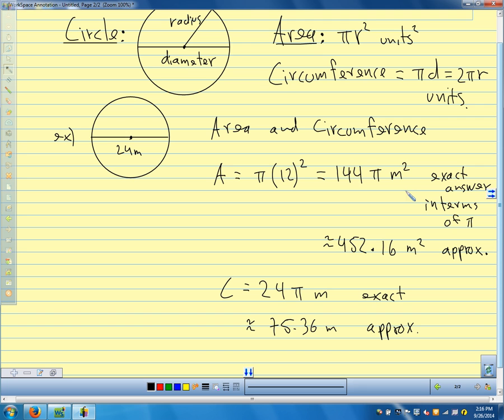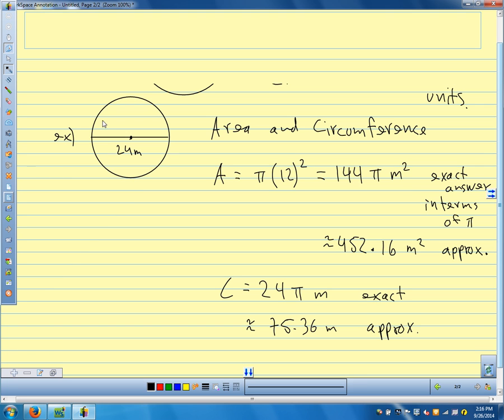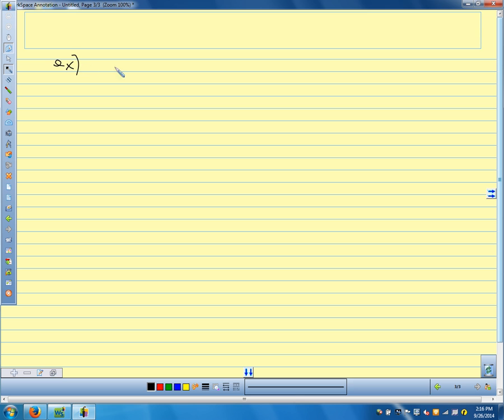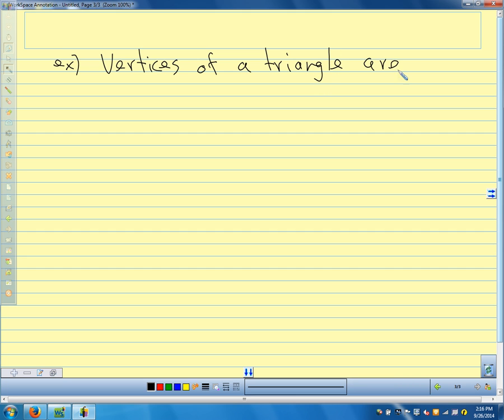All right. What if we had coordinates? So let's say we have the vertices of a triangle, and we have these coordinates. -4, 3, -4, -5, and 2, -5.